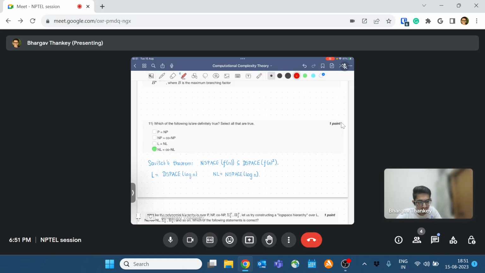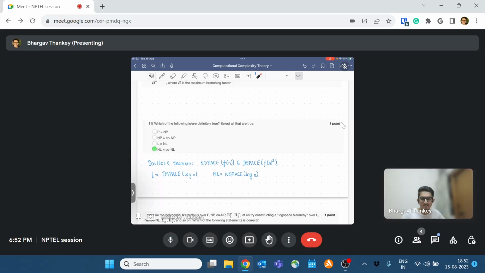While considering this equality, I went for L and NL being more or less the same, and there won't be much difference. Even if the square is required, probably the square won't make much difference space-wise. But if you want to use Savitch's theorem, we would need log squared n over here, and that is more space than log n.